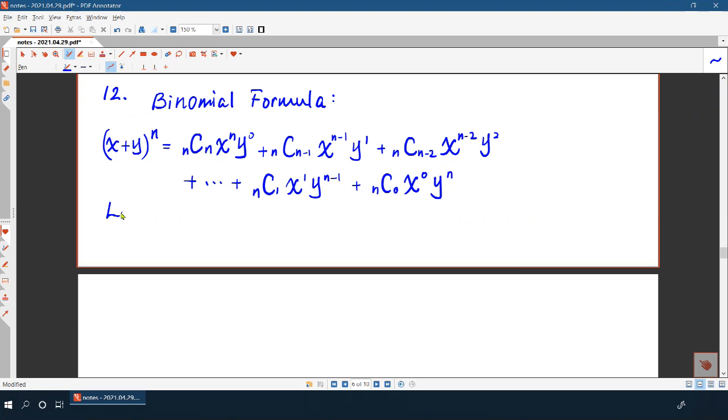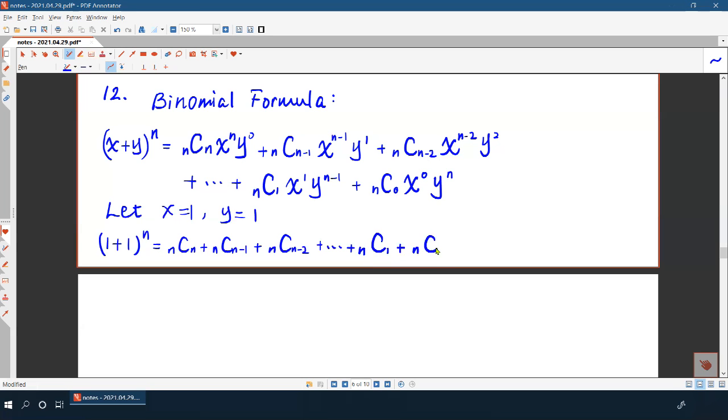And this applies to any number for x and y, right? So if we let x equals 1 and y equals 1, this formula becomes (1+1) raised to the nth power equals C(n,n) plus C(n,n-1) plus C(n,n-2) plus ... plus C(n,1) plus C(n,0).